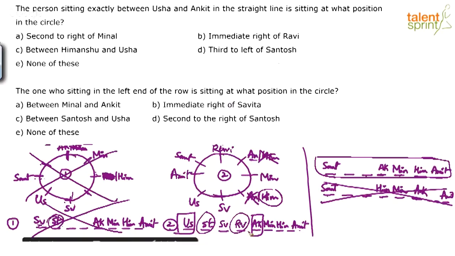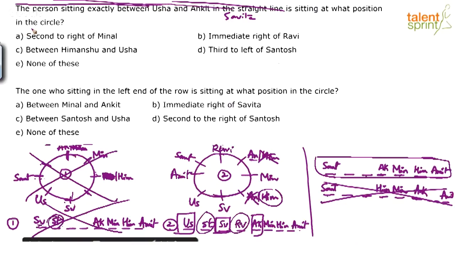Exactly between Usha and Ankit is Savita, right? There are 3 persons between Usha and Ankit: Santosh, Savita and Ravi. But exactly between Usha and Ankit is Savita, right? So basically we can replace this part with Savita.